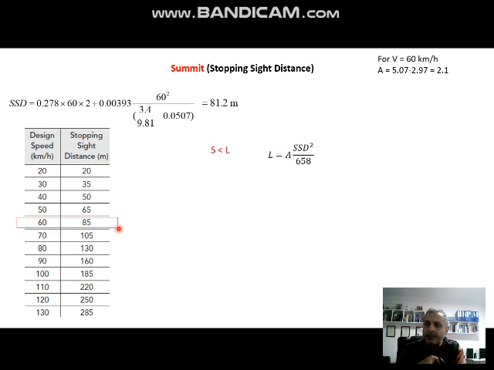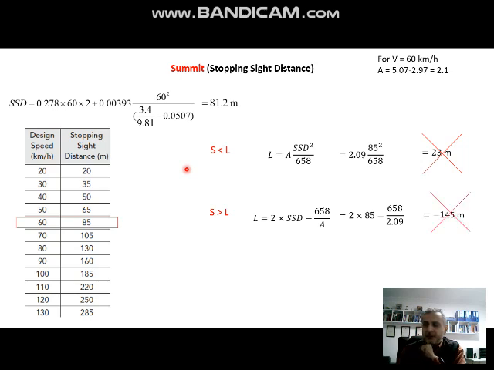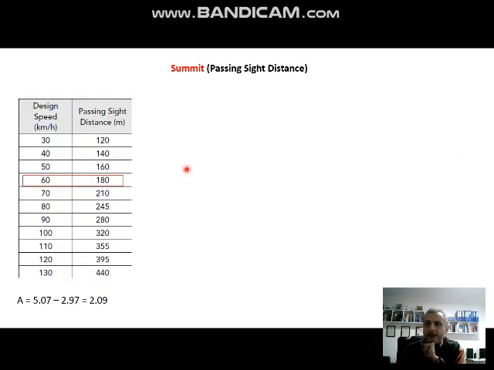For S smaller than L, use this formula, and that will produce 23 meters. Is 23 meters bigger than 85? No, reject. For S bigger than L, use this formula and produce a minus value, so therefore we can't use it. Hence we can take 80 meters again from AASHTO.